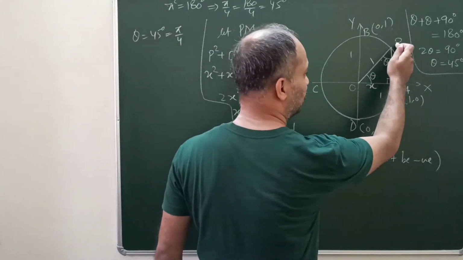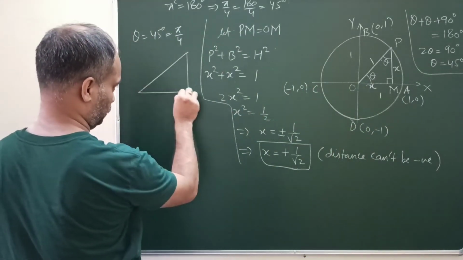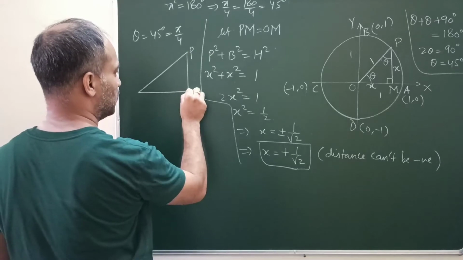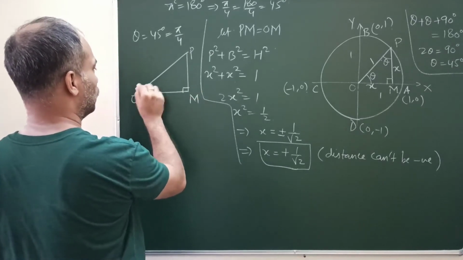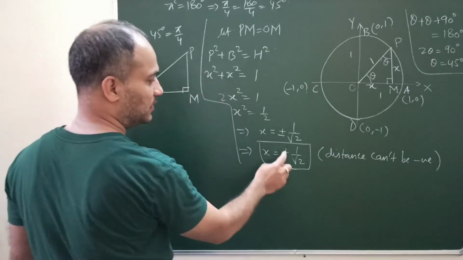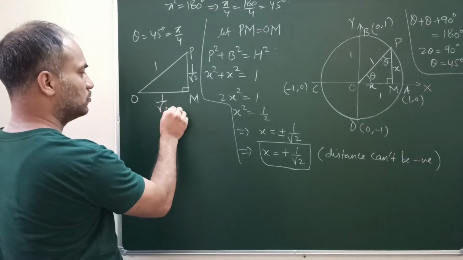So in this triangle PMO, let us redraw this. P, M and O. This is 1 and this is x, and the value of x is 1 by root 2. Here also it is 1 by root 2.